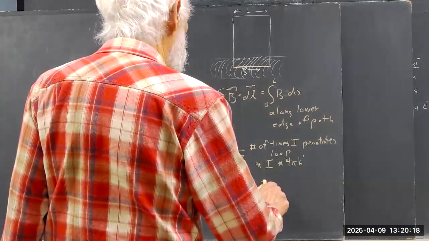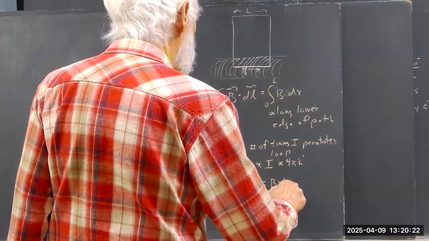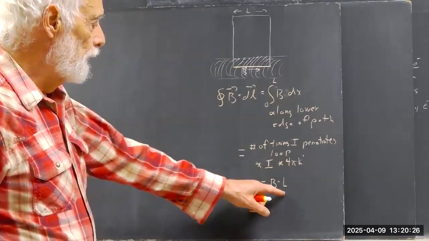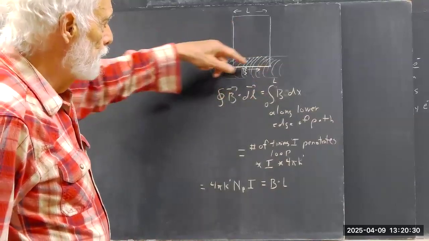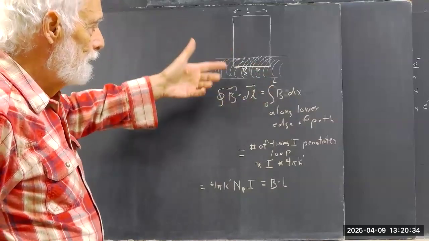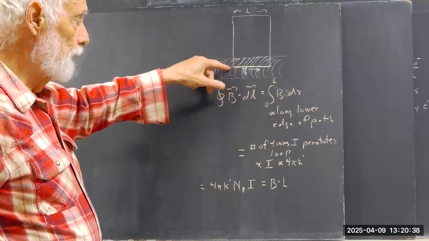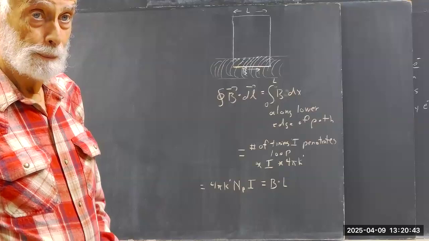And what does this equal? It's B times L. B is your magnetic field, L is your distance. The integral of the magnetic field from here to here is just equal to the constant magnetic field times the length. You don't have an integration to do.